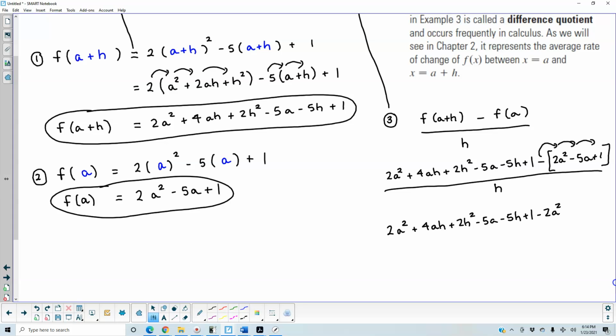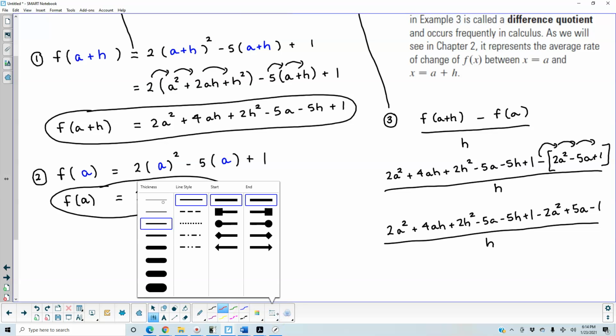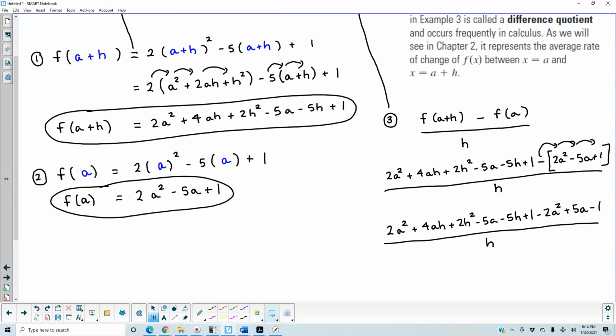Since we're distributing that minus sign, this becomes plus 5a, and this becomes minus 1, all over h. Now the next step is to combine any like terms or simplify. Well, we can simplify the 2a squared and the minus 2a squared because that's going to give you 0. We can simplify the minus 5a and the plus 5a since that's going to give you 0. And the plus 1 and the minus 1 is also going to give you 0.